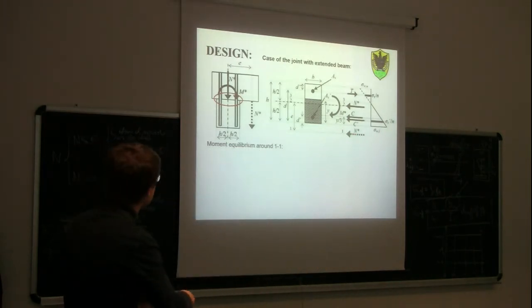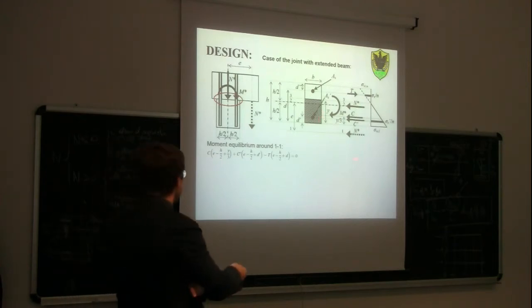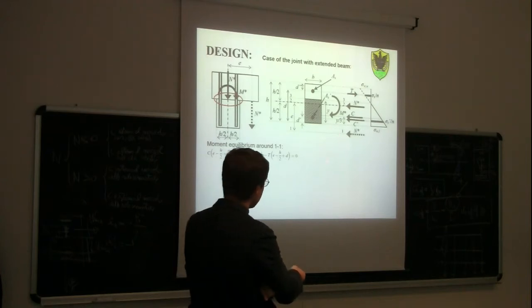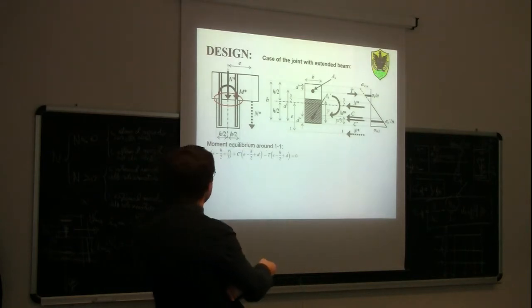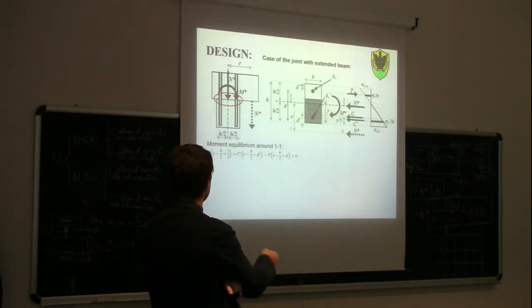So, what are the actions that are present in our cross-section? Of course, we have the eccentric axial force, whose moment around 1-1 will be 0. Then we have a compression force C, which is the resultant of all the compressive stress in the timber.